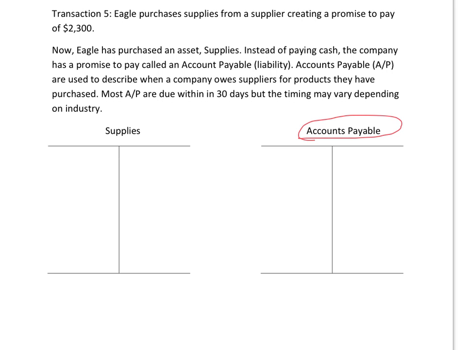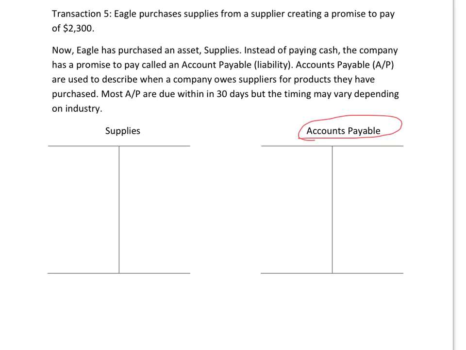All right, so we're going to create this liability. As you can see in our T accounts, we don't have any beginning balance or prior entry affecting supplies and accounts payable. So in this case, we're increasing assets, supplies. We're also going to increase accounts payable, our liabilities.